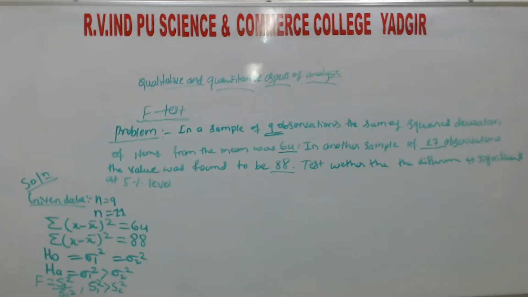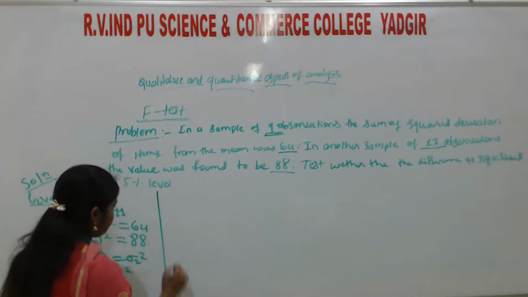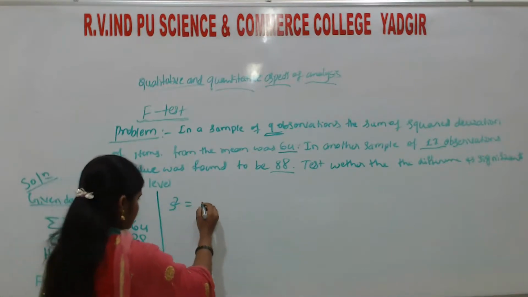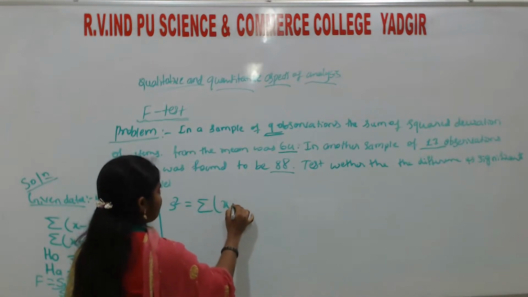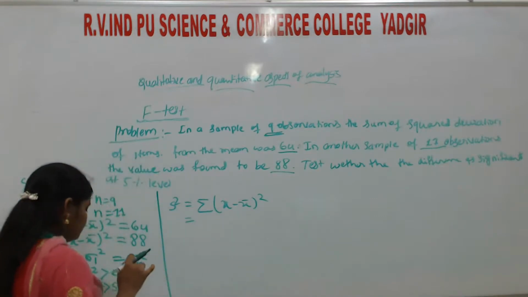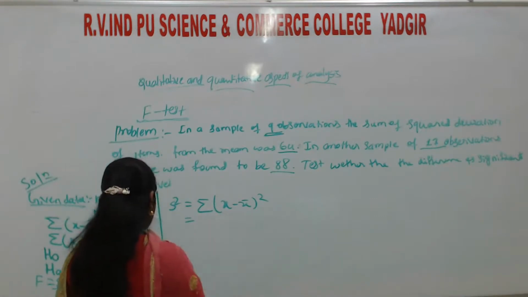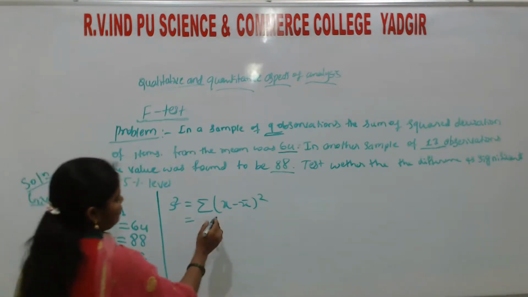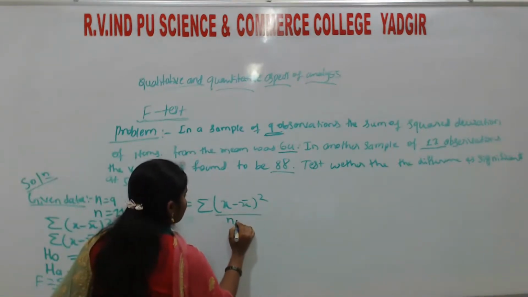Okay, apply or add these values in the formula of the F test. Here you know the F test formula. First, to apply these values, s square is equal to the summation of x minus x bar whole square divided by n minus 1.